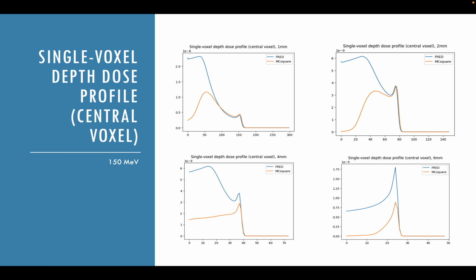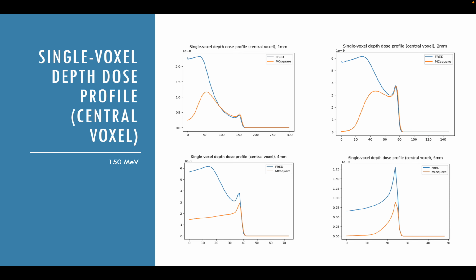So you divide 300 by 2, you get around 150. You divide 300 by 4, you get around 75, and so on. So the depth decreases. That doesn't mean that the peak is at 25 millimeter, but rather around the 25th voxel inside the cube. I hope I'm making sense.